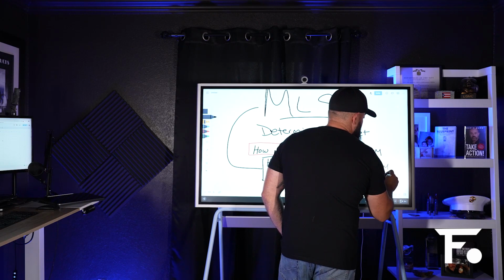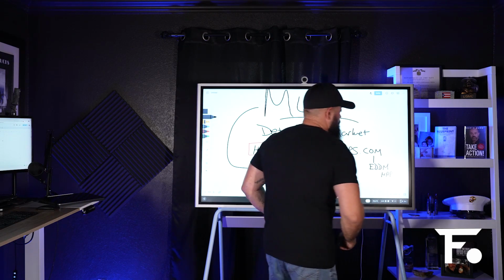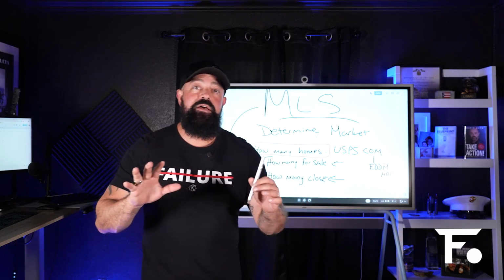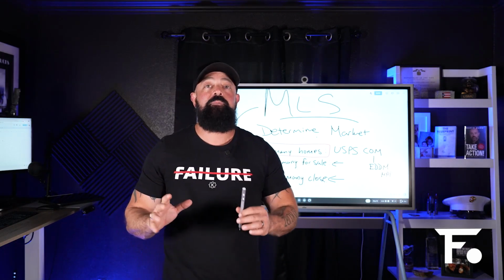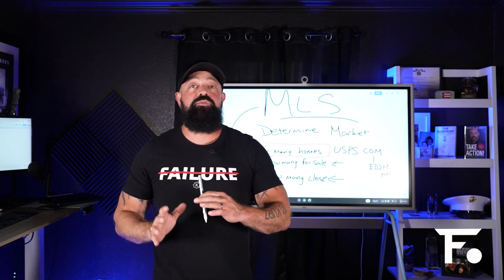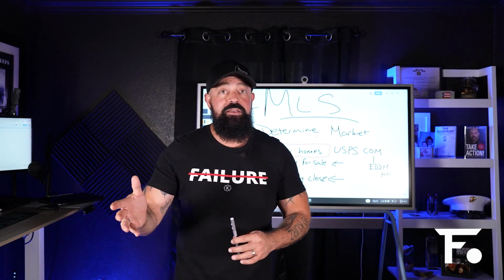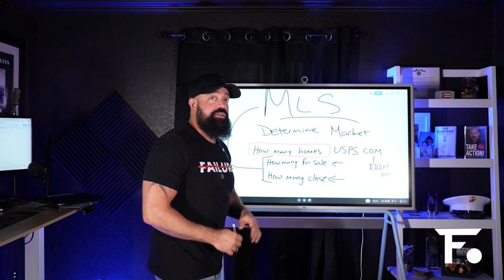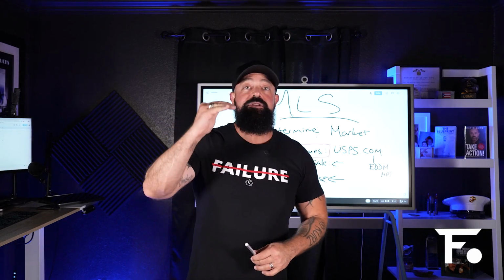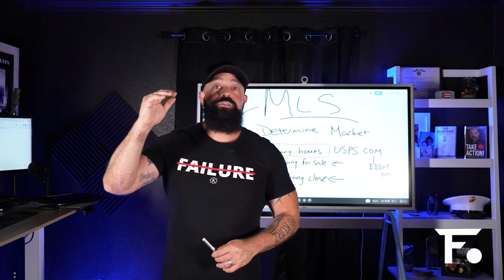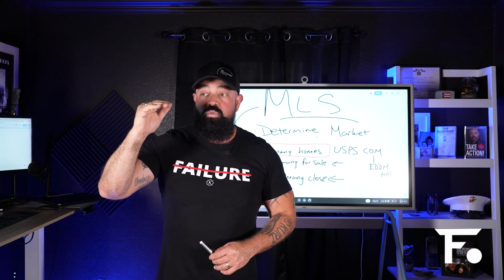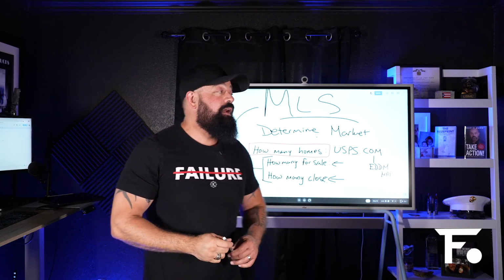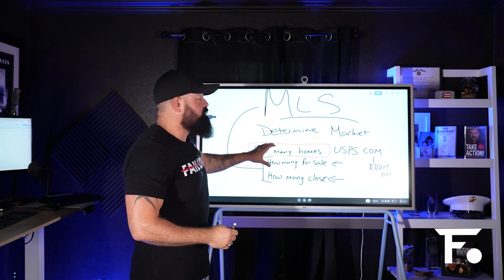What's going to happen is that the USPS.com EDDM map is going to give you the different routes for sending postcards, EDDM style, right? And in that process, you can select residential only, and you can select the routes that fall within your mapped area. This is going to help you determine how many homes are in the area.